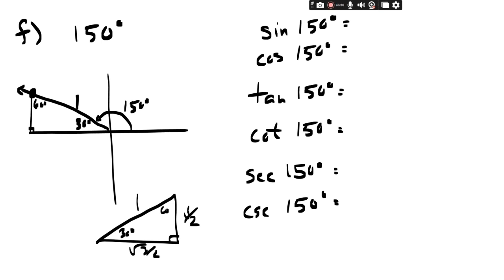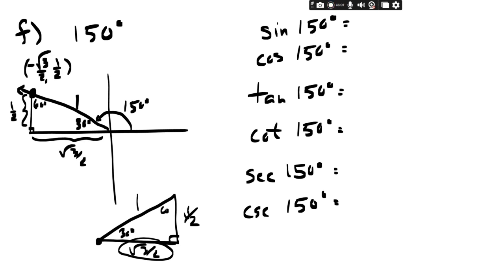Okay, so at that point right there, the distance is, oh, that's right, opposite my 30 is the 1/2, opposite my 60 is the √3/2, but we're in quadrant 2, so it has to be a negative √3/2, comma, positive 1/2. Are we good?